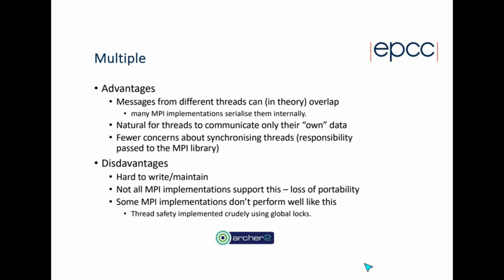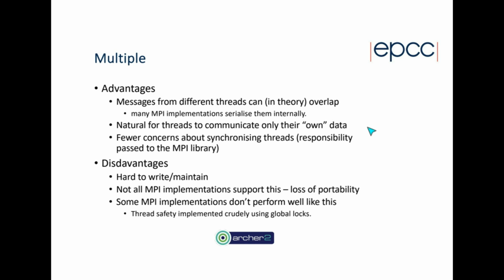Okay, and then finally, the advantage here is that at least in theory, the messages sent and received by different threads can actually be happening at the same time. But in practice, in order for the MPI implementations to make themselves thread safe, they actually get serialized internally inside the MPI library. So you don't really win from that. It is more natural now for threads to communicate their own data.